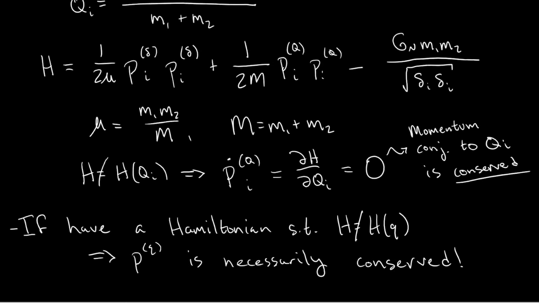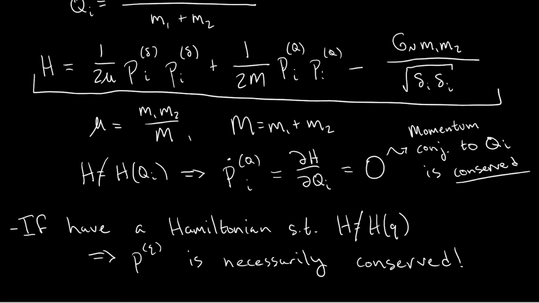And in particular, we can see by the form of this Hamiltonian that the terms involving anything to do with Q, so in this case, our P_Qs, our conjugate momenta to Q, they never talk to any terms having to do with delta, right? So we don't have any deltas in this term, there's no Qs in this term, so on and so forth. This means that these degrees of freedom, as we say, are not coupled.